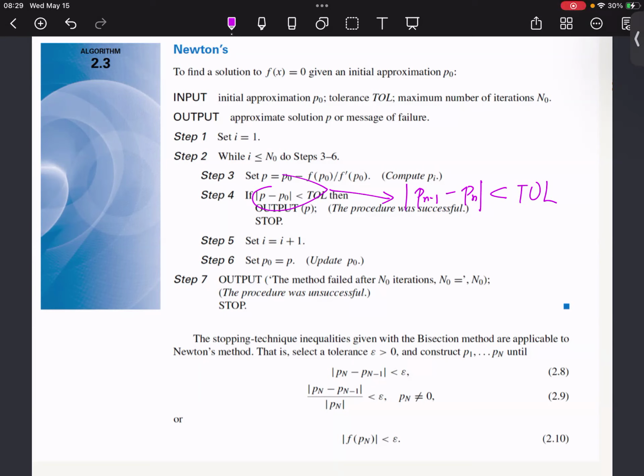So this P0 in this pseudo algorithm corresponds to Pn minus 1, and P corresponds to Pn here. Any questions?